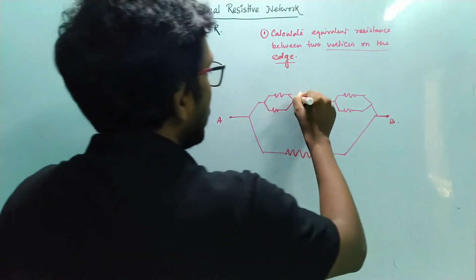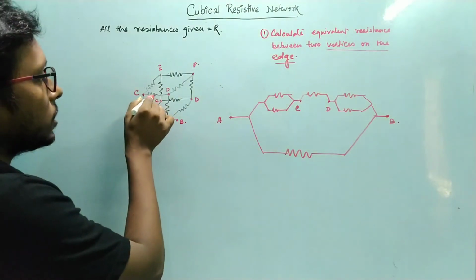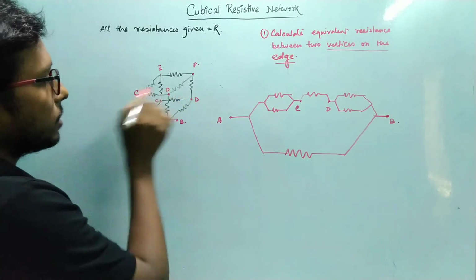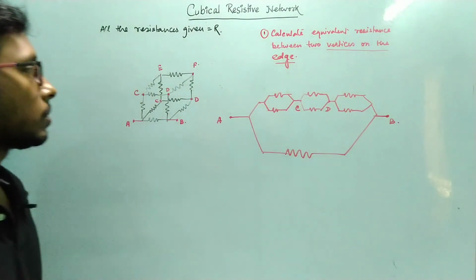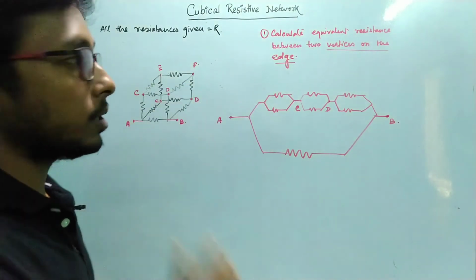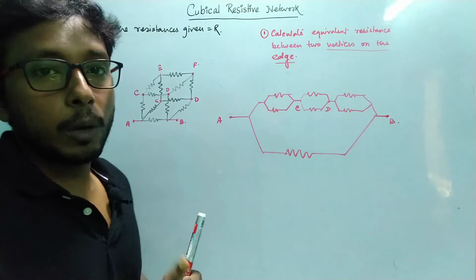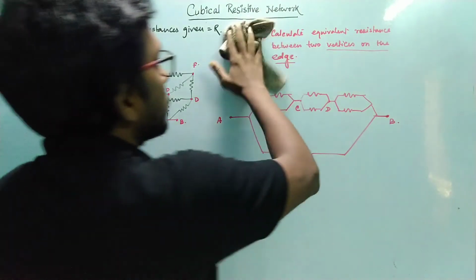So I can draw like this: suppose I have drawn this resistance and this resistance is left, so again I draw this. I have drawn a total of 7 resistances, and we have to draw 5 more resistances.